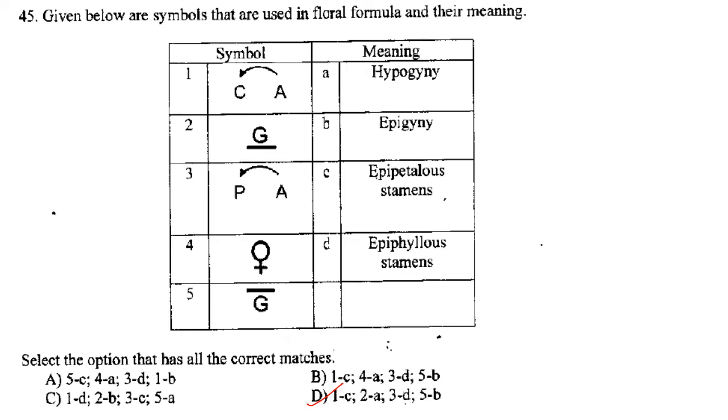Okay, one minute, I made a mistake. Okay, second one is A, that is hypogyny. Third one is epiphyllous stamens, and 5 is epigyny. So the answer is 1C, 4A, 2A, 3D and 5B.